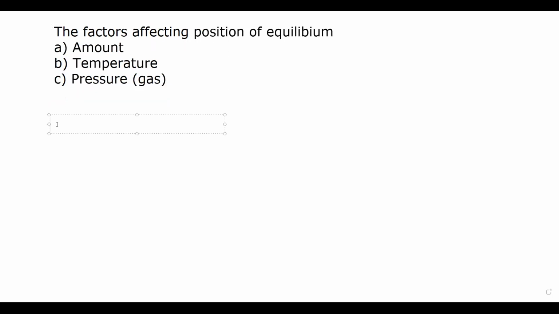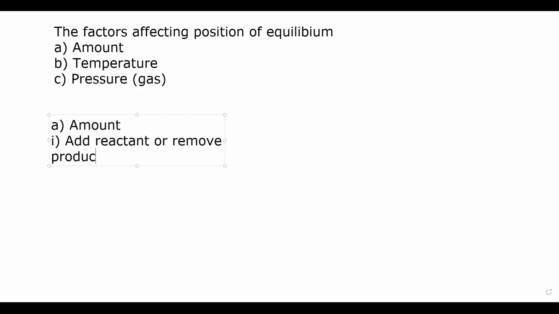So what about the amount? As we have discussed, for amount, for example, if we add reactant or we remove the product, the equilibrium will shift towards the right, or we can say forward.